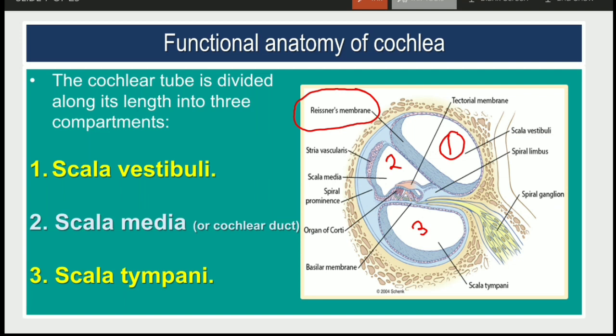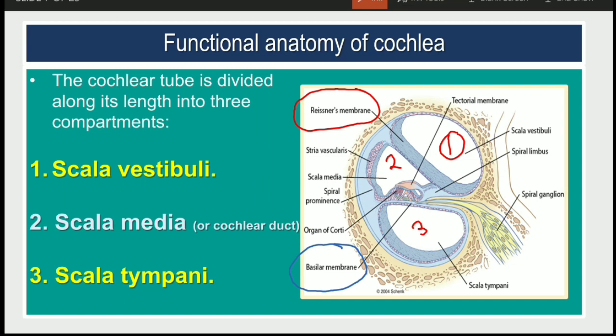Between scala media, that is number 2, and scala tympani, that is number 3, there is again a membrane present, which is called the basilar membrane.